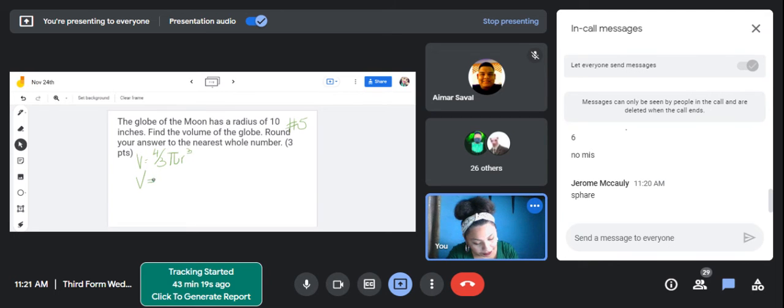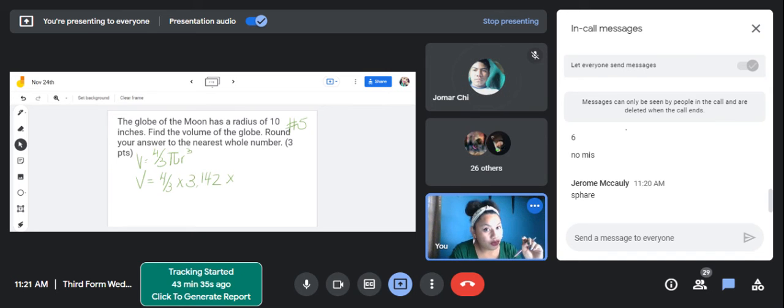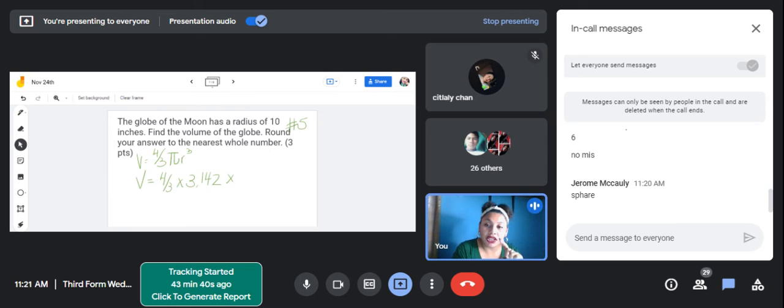We have volume equals 4 thirds times pi, 3.142, times what is the radius? 10, inches. The question says the globe of the moon has a radius of 10 inches. It tells you the radius is 10.